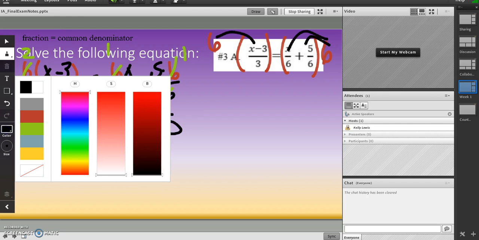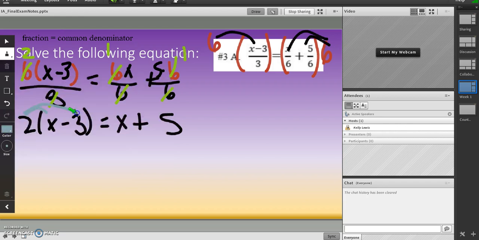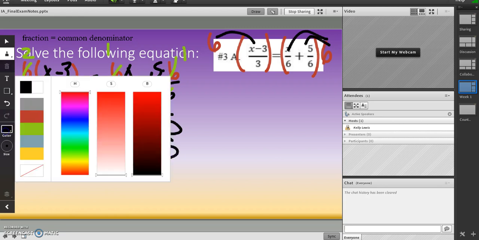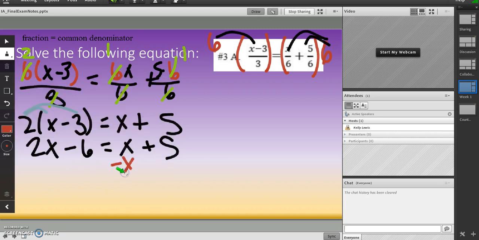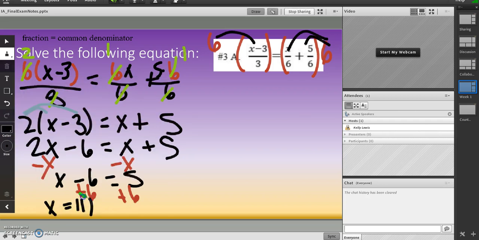So what I need to do now is distribute that 2. 2 times x is 2x, minus 3. 2 times negative 3 is negative 6. Letters on the left, so negative x, negative x. 2x minus x is x minus 6. My constants on the right, so I'm going to add 6 because you always do the opposite operation. And so I get x equals 11.